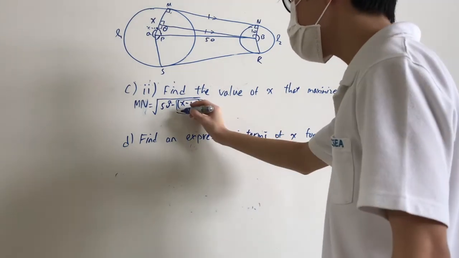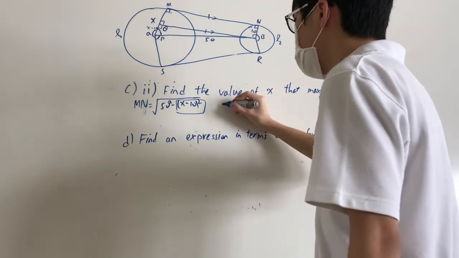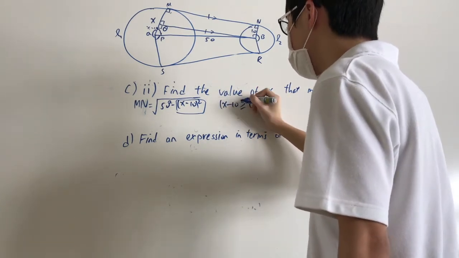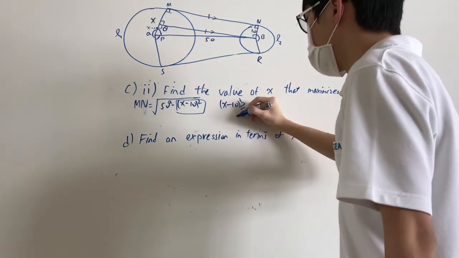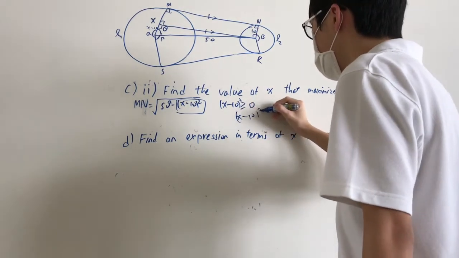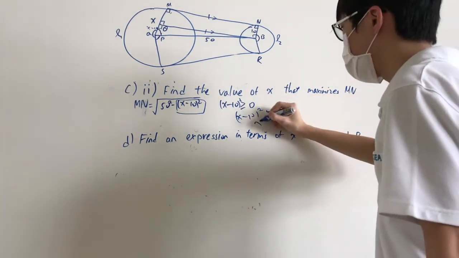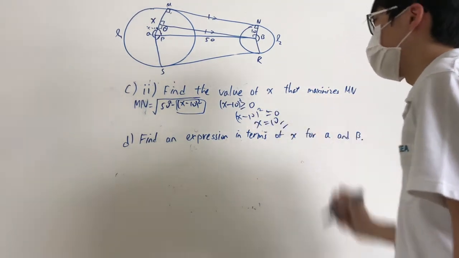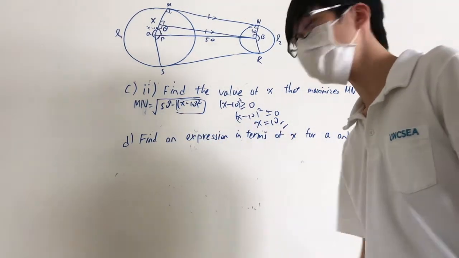For MN to be as large as possible, (x minus 10) squared, which is always greater than or equal to 0, must be minimized, made equal to 0. That means x must be equal to 10, which is the value of x that maximizes MN, as it would be at 50.